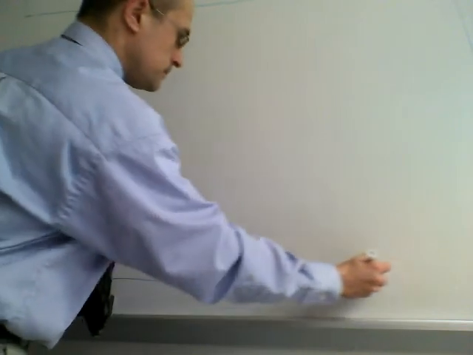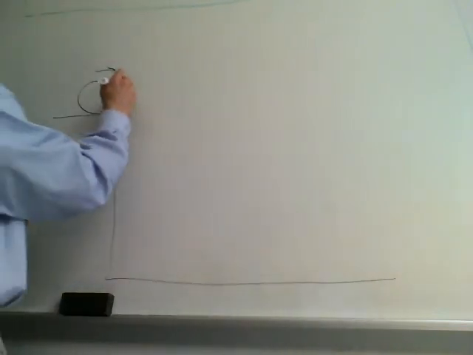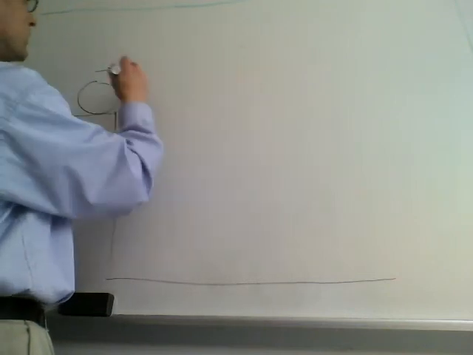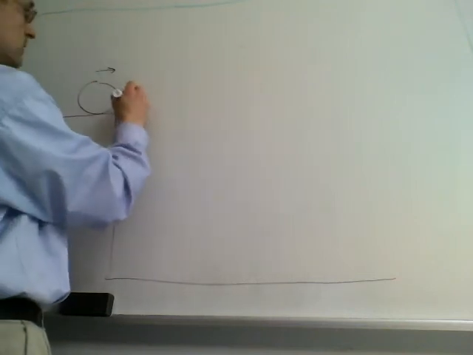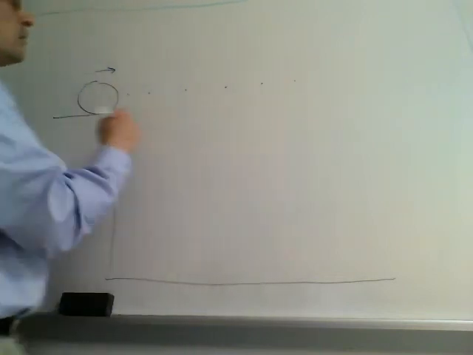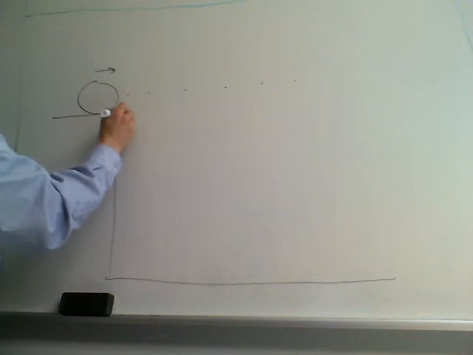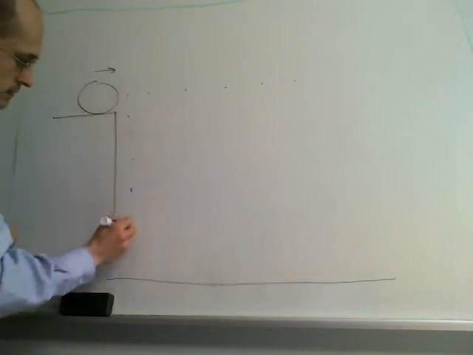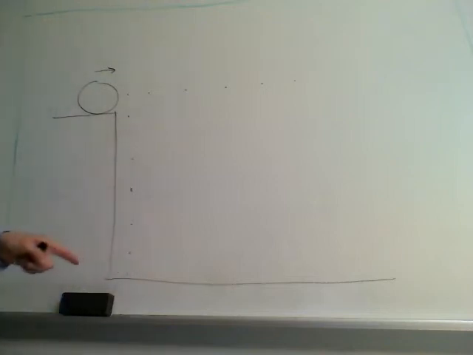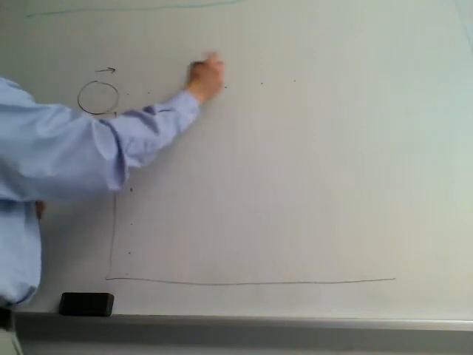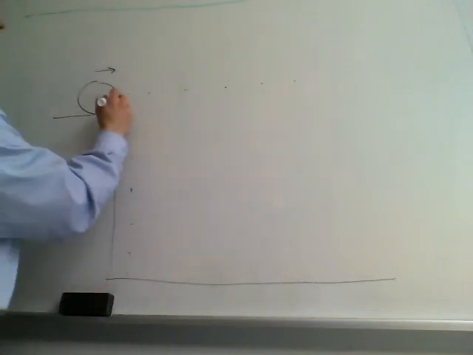Well, when the ball rolls off the table, it's going to be a combination of, in the X, it's going to continue moving with some initial speed. So you'll have the ball moving with some speed, but in the Y, it's going to experience free fall until it hits the ground.